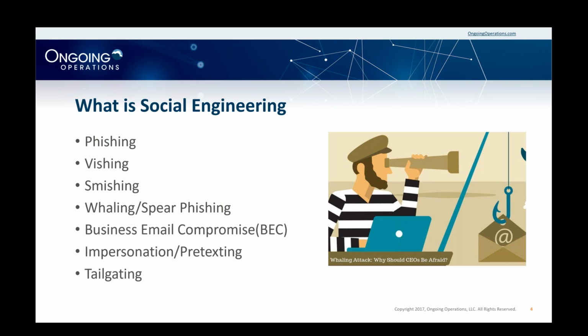Then we've got whaling and spear phishing. I'm tossing both of those in the same category because they're very targeted to execs, or we're getting down to more where the attackers have done their research and are really digging in and trying to get some deeper information, or have someone do something they want.